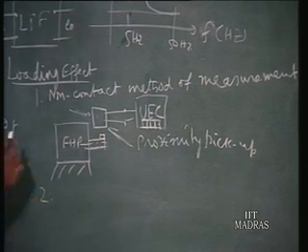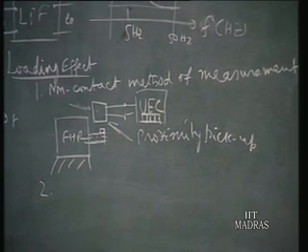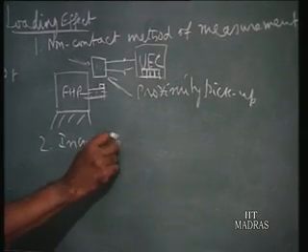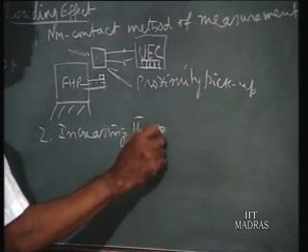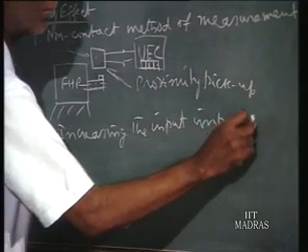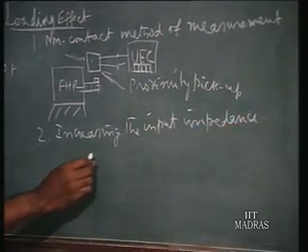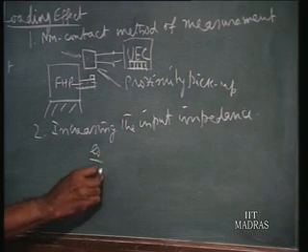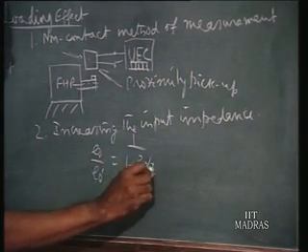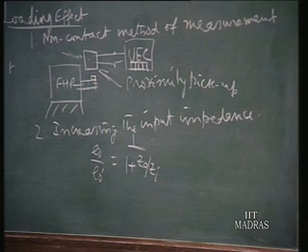Then the second method, we know, is increasing the input impedance. That is, we know the loading effect in voltage measurements, EO by EO dash is 1 over 1 plus ZO by ZI. We have learnt this in an earlier class.